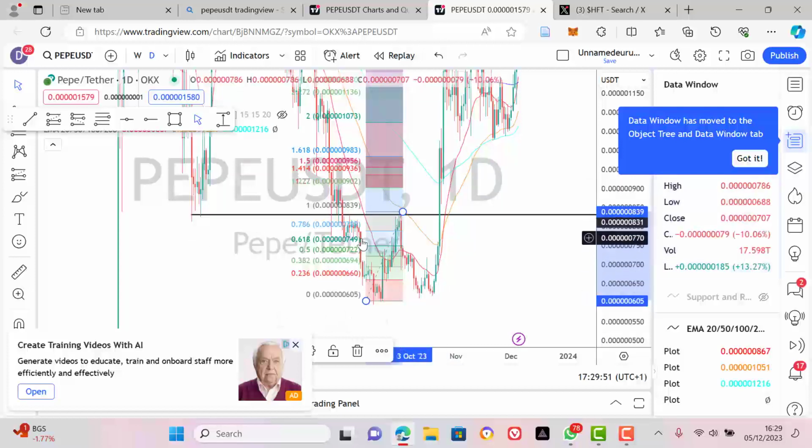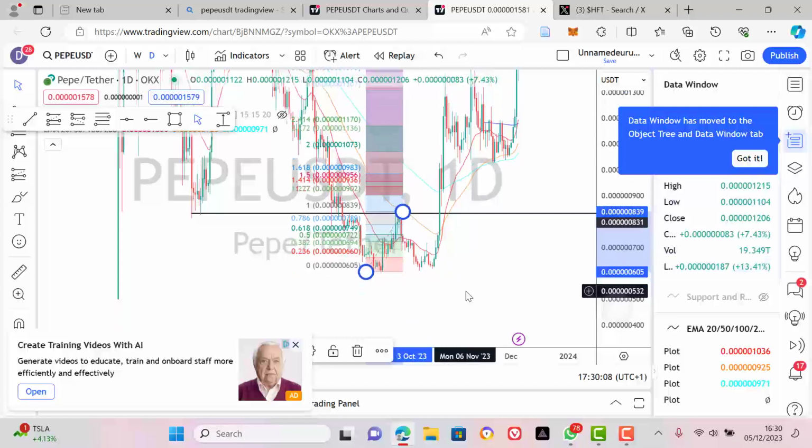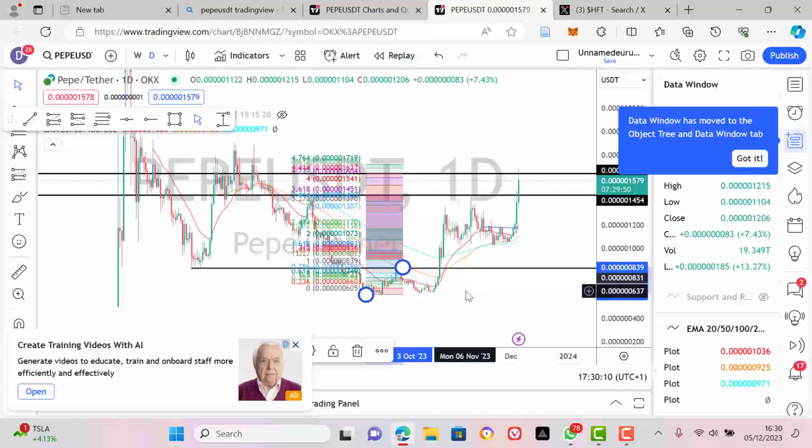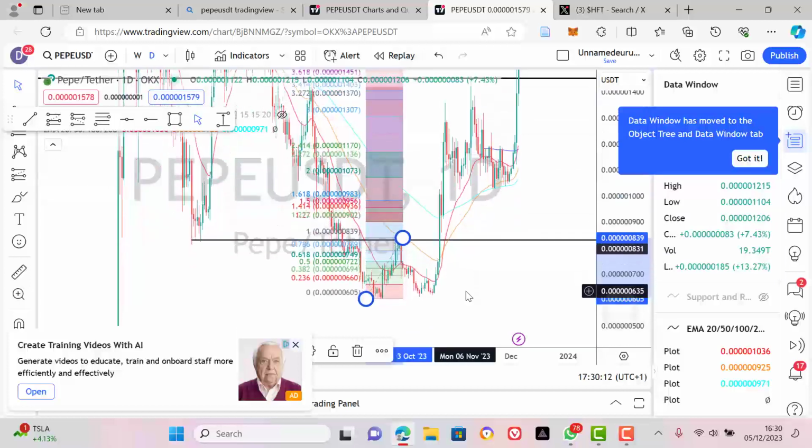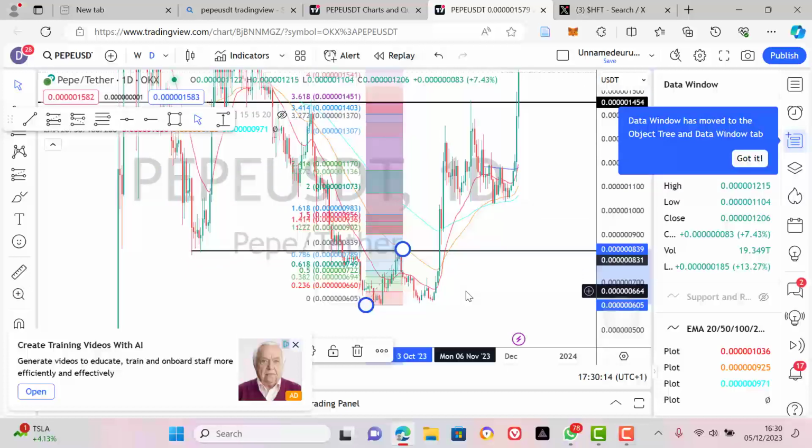After breaking a particular resistance, we have that impulse, then we have the breaker, that's the initial impulse, then a higher high. So once this higher high forms, we now know that this market is going to reverse back into the range. So it has reversed back into the range.